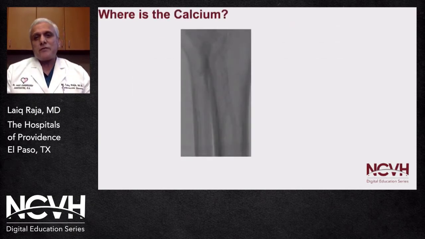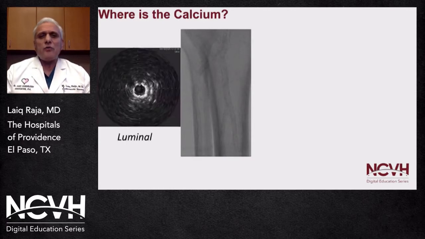Now let me give you some examples. Like this patient has severely calcific vessels, as you can see, without any dye. You can see where the AT and PT are, but do we really know where the calcium is? Yes, we did an ultrasound, and you can see is a 360-degree intimal calcification.